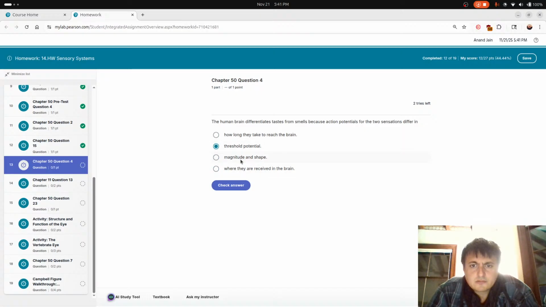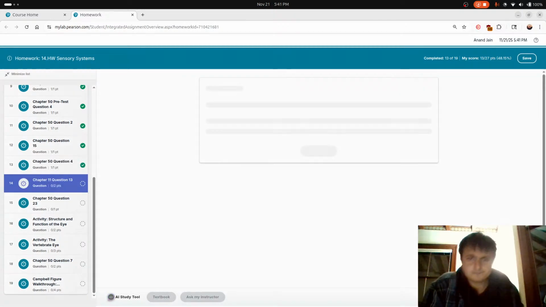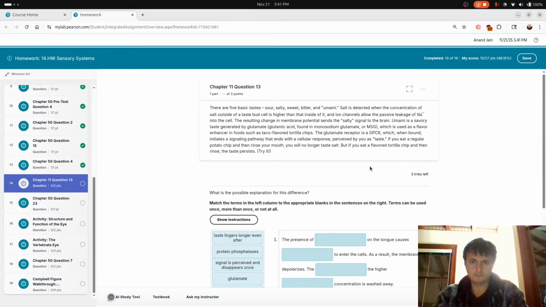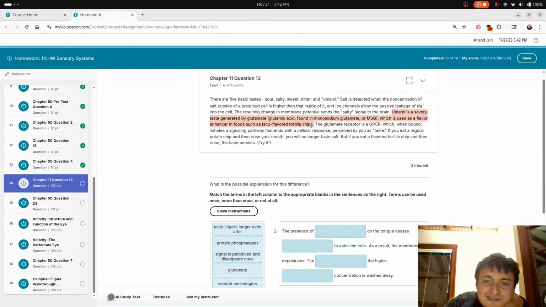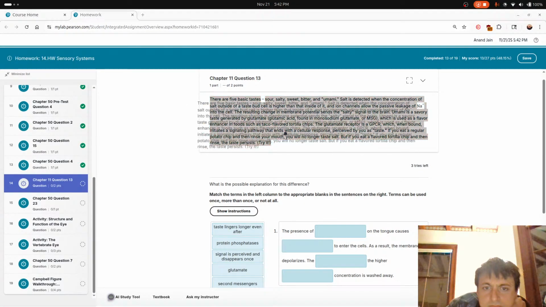This is not right. Taco flavored tortilla chips. What the heck?